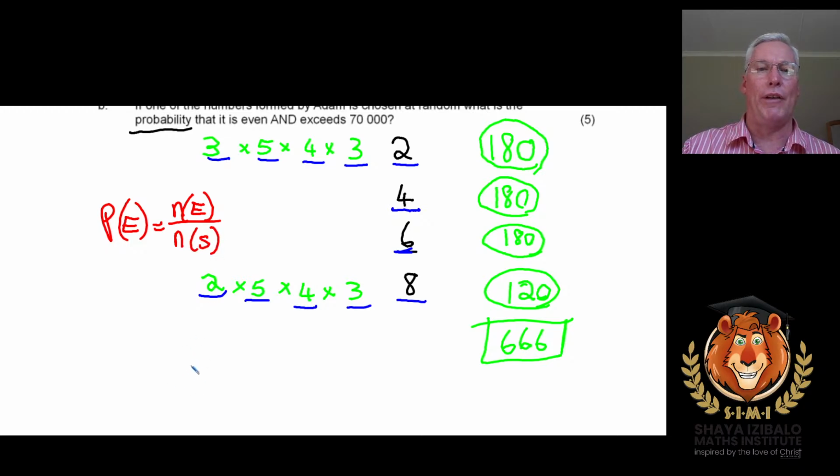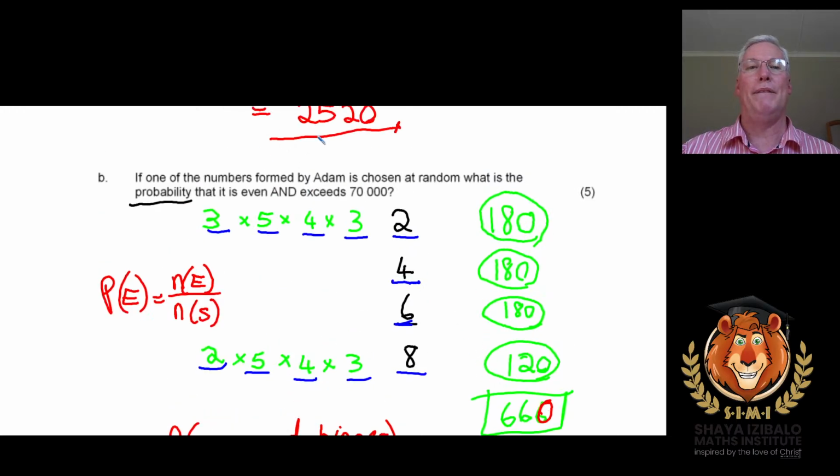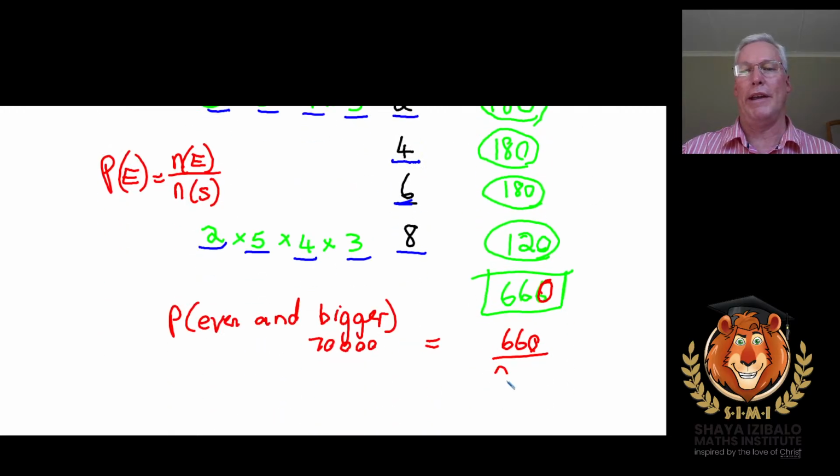So our final answer, the probability of being even and bigger than 70,000 is going to be 660, not 666, divided by the sample space, which I worked out in A, the total 2520. Okay, I haven't got it as a percentage, but I don't think it really matters.